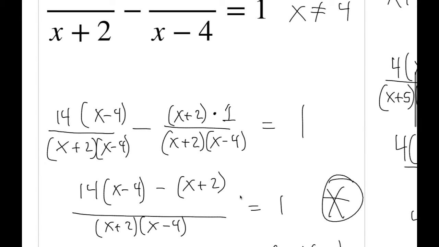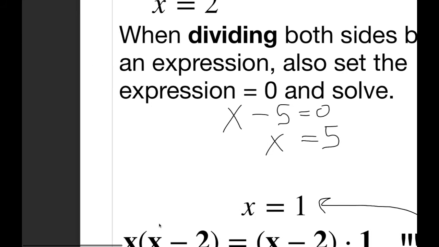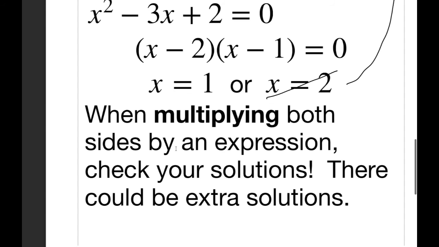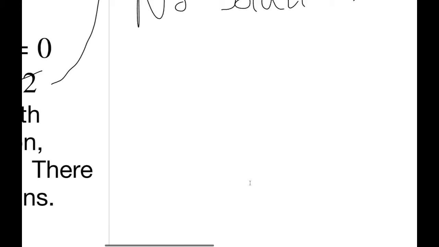Okay, so we've gotten here, and now that we have just one fraction, we can clear the fraction easily. We'll do that by multiplying both sides of the expression by this denominator. But now that we activate this idea of multiplying both sides by an expression, you have to check your solutions.